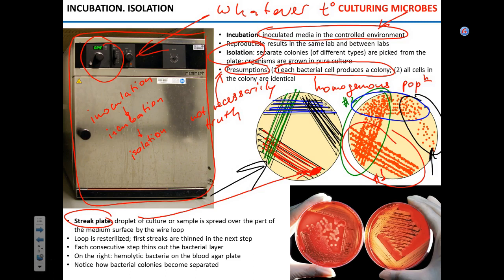Because at this point, right here, your colonies are separated enough so you know that they are different. And if you're not sure, nothing prohibits you from doing that again, just to make sure that it is indeed a single species. Do I make sense?